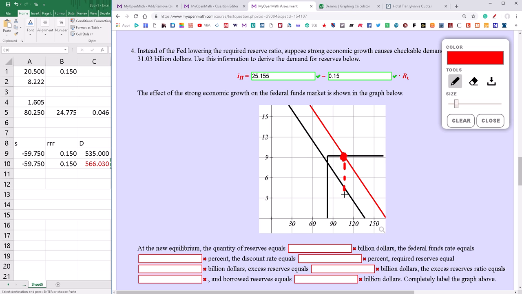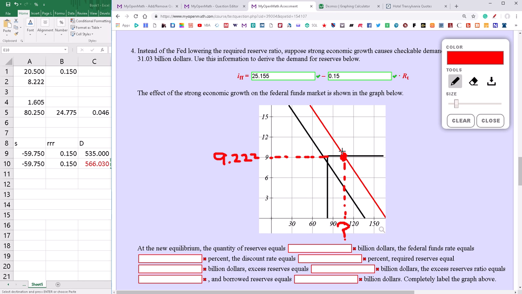We have to find out what it is. We do know what the federal funds rate is. The federal funds rate is equal to 9.222, because the Fed is going to make the discount rate binding. The federal funds rate was 8.22.